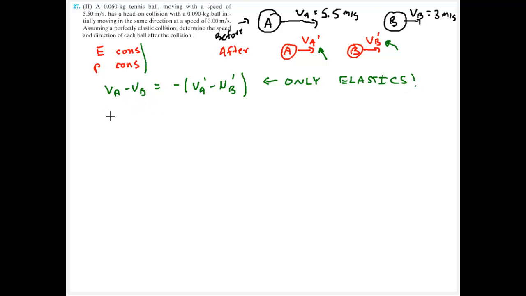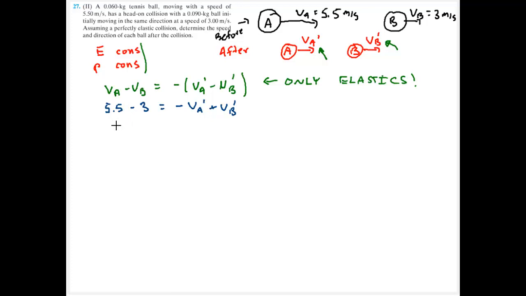What this allows us to do is say, well, I know what the difference is beforehand. That's going to be 5.5 meters per second minus 3 meters per second. That's going to be negative velocity A prime plus velocity B prime. Is I can go ahead and I can write one of the velocities afterwards as the other one.